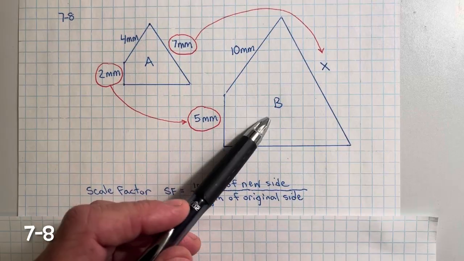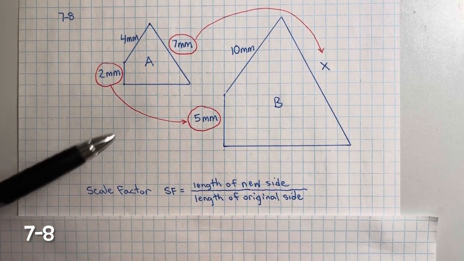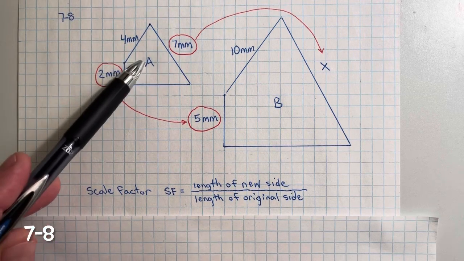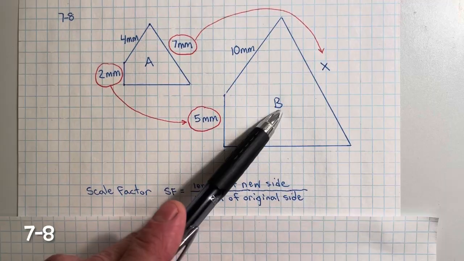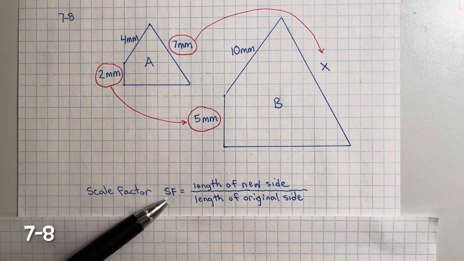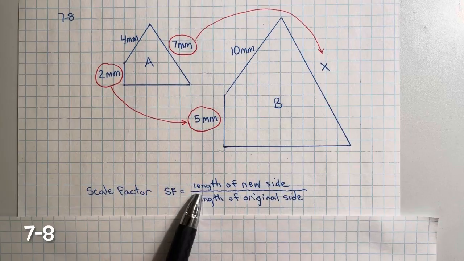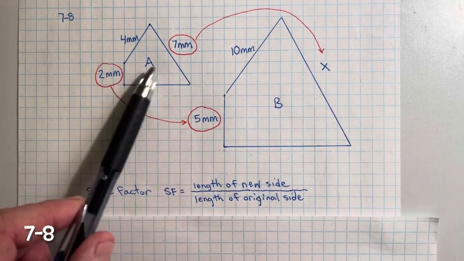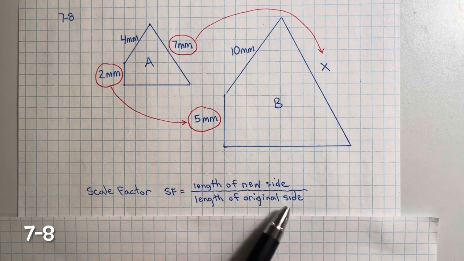For problem 7-8, we need to find the scale factor for when J enlarged figure A so it became similar to figure B. So it's going from figure A to figure B, a small to a big figure. To find the scale factor, it's the length of the new side, so this is the new side, he went from A to B, small to big, divided by the length of the original side.